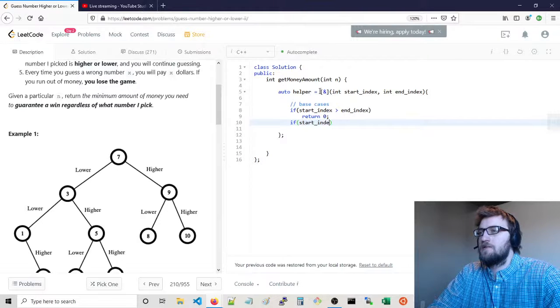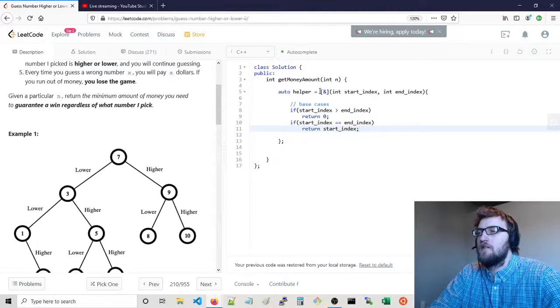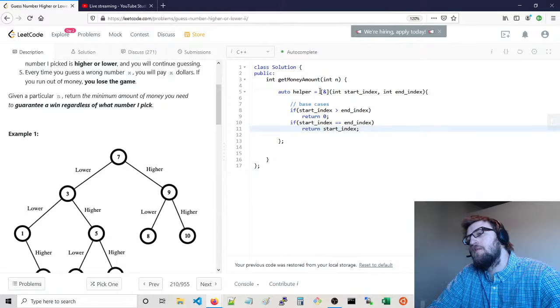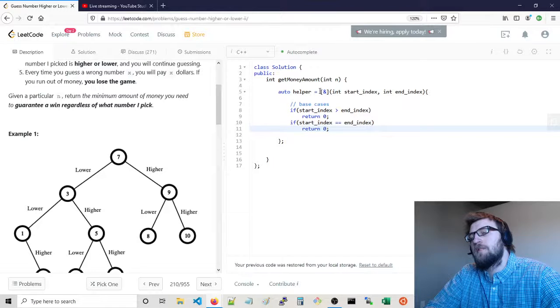If start index is equal to end index, return the value at start index. Actually, that's just 0 also. Just thinking, what are the base cases to work with here?